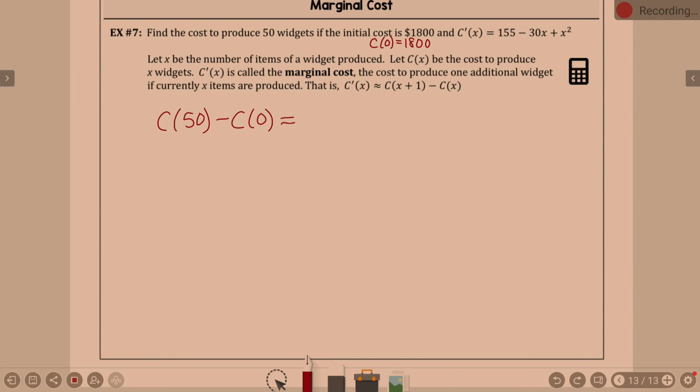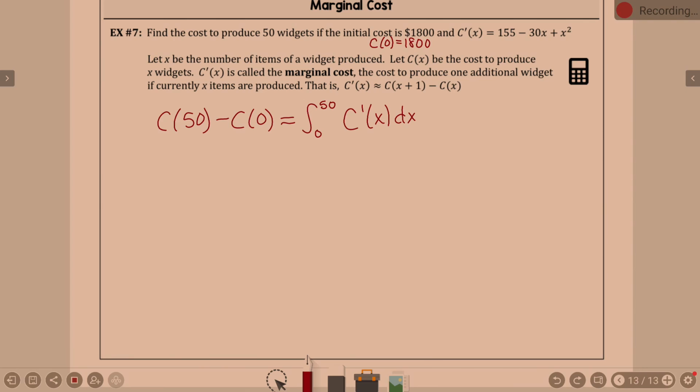Now, I'll put that value in later. In order to find that cost of the 50 widgets, we are doing the integral. And it's going to be the integral from 0 to 50 of the rate, so C prime of x dx, which we have a function for that, don't we?